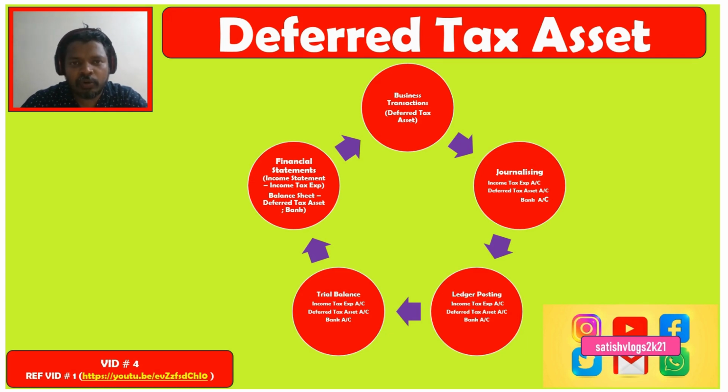So the regular tax expense would be directly debited to the income statement, and the deferred tax asset would get reported under the asset side in the balance sheet, and also there is one more account, the bank account, which would get reported under the asset side of the balance sheet. So hope this is clear, right?